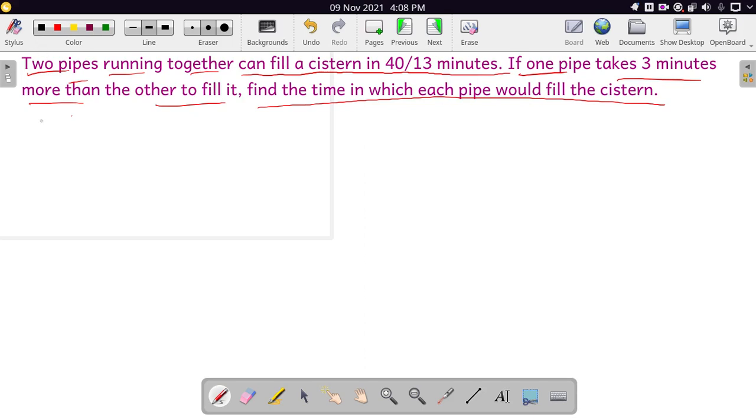Let us assume there are two pipes, one is a faster pipe and one is a slower pipe. Suppose the faster pipe takes x minutes to fill the cistern.